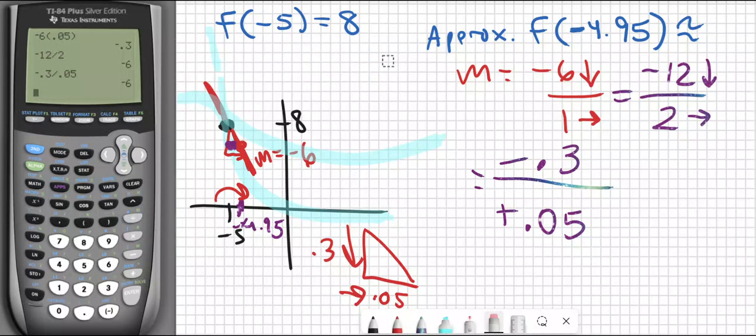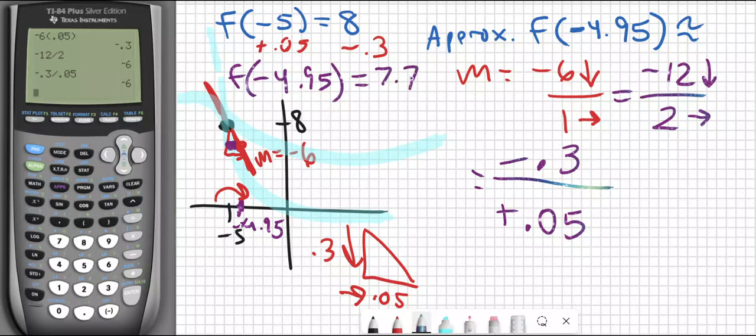I can erase the slope. We're not going to forget it's negative 6, right? So we're going plus 0.05 on the x, which means we're going minus 0.3 on the y. So that gives us a new point of negative 4.95, a little bit to the right and a little bit down of where we were before, which should be like 7.7. They'll take anything around 2 decimal places, so depending how you go about it, they should take anything in the neighborhood, but that one was pretty exact.